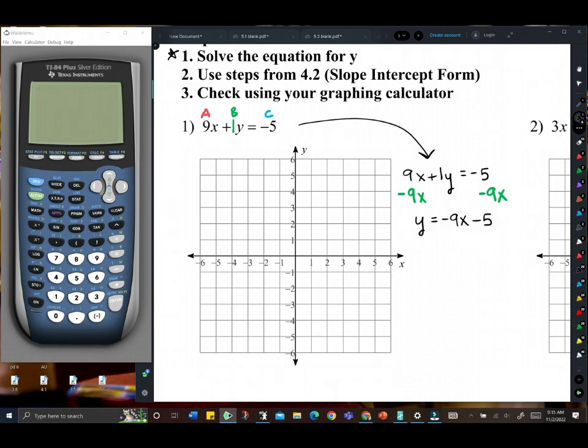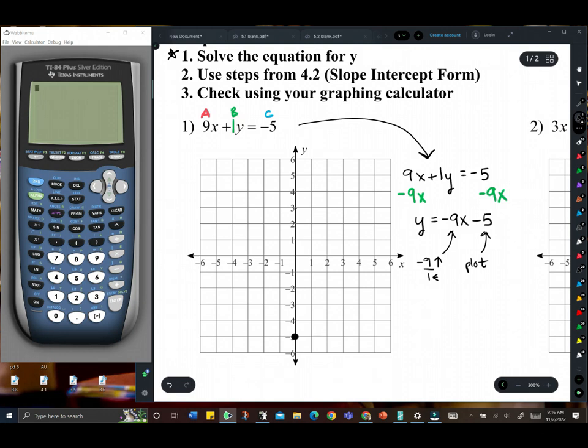Now, hopefully you remember from the last chapter or 2 chapters ago, we are going to start graphing this by plotting the y-intercept of negative 5. So on the y-axis, we go down 5, and we use negative 9 as our slope, thinking that we are going down 9 and to the right, or up to the left.